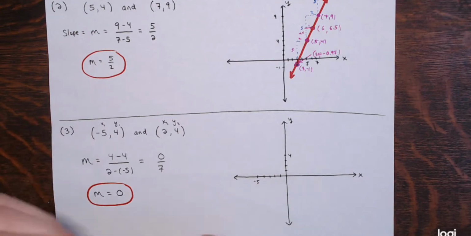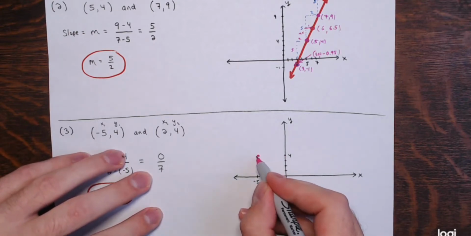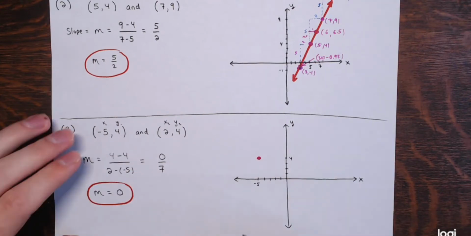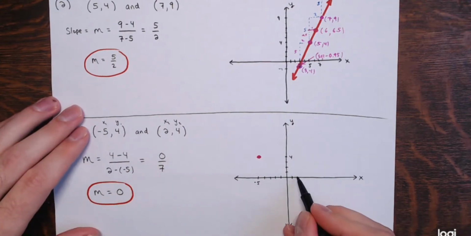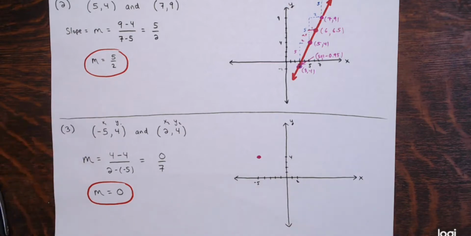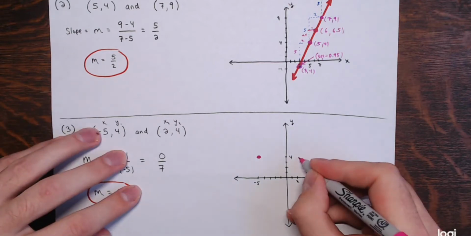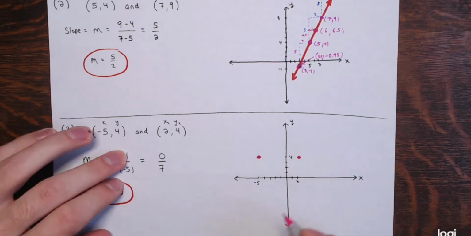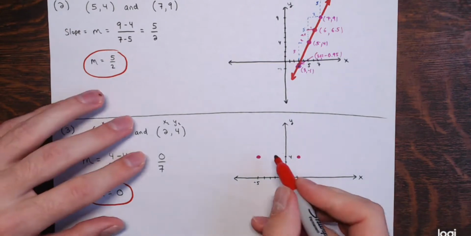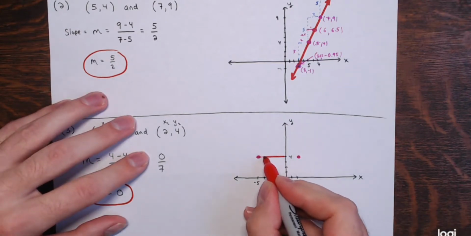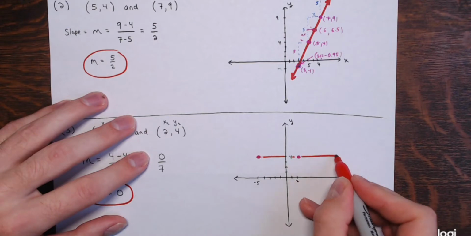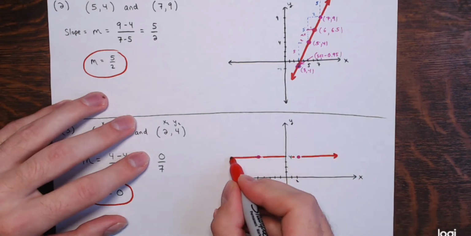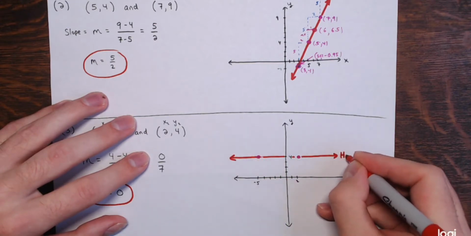So here's that point. And then 2, 4, right? 2 on the x and still 4 on the y. Right? So they're on the same level on the y-axis. The line going through these is a horizontal line. Right, this is a horizontal line here.